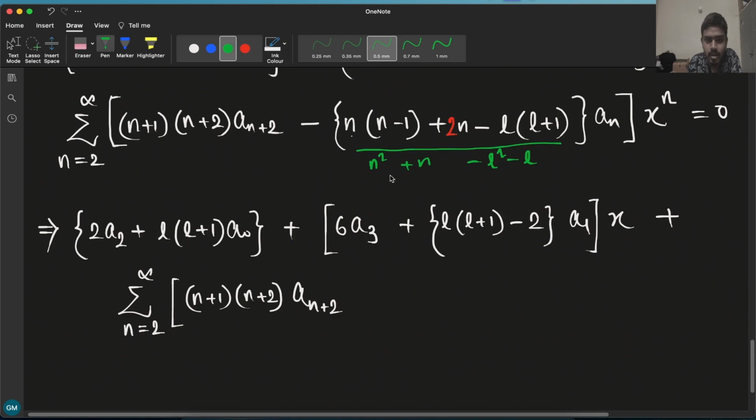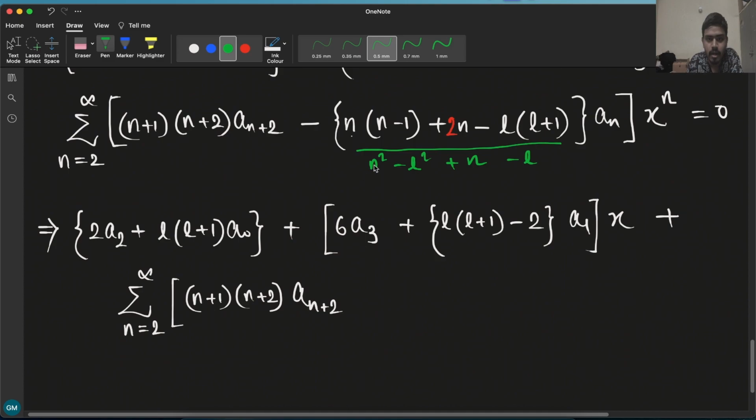If I take this minus L square to this side and put my plus n here, we are left with n square minus L square plus n.